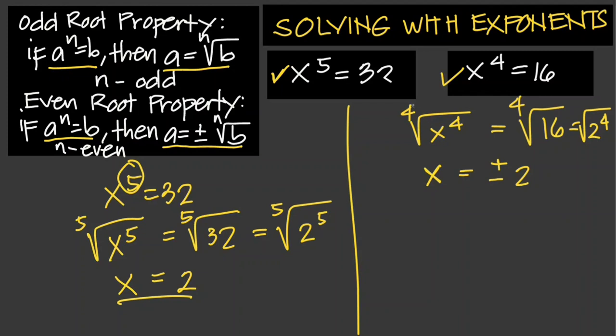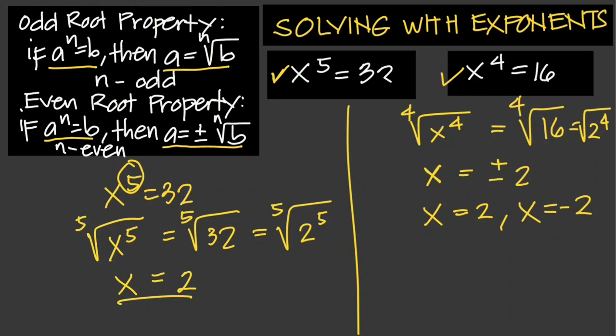Since our root here is even, we have two solutions, positive and negative. So our answer is x equals 2 and x equals negative 2.